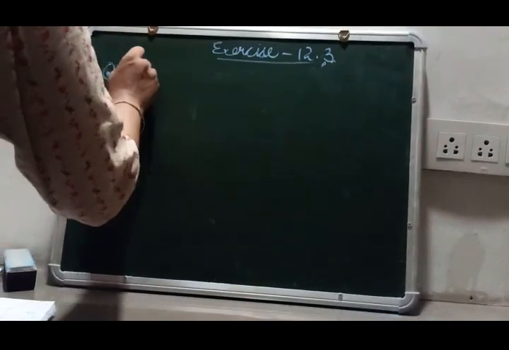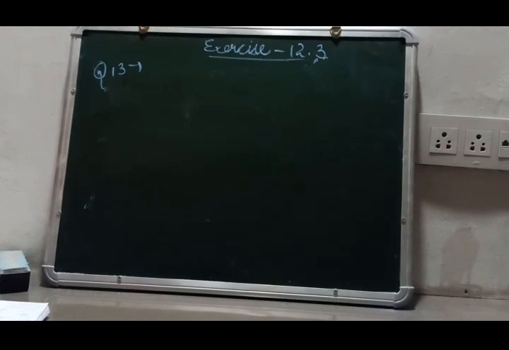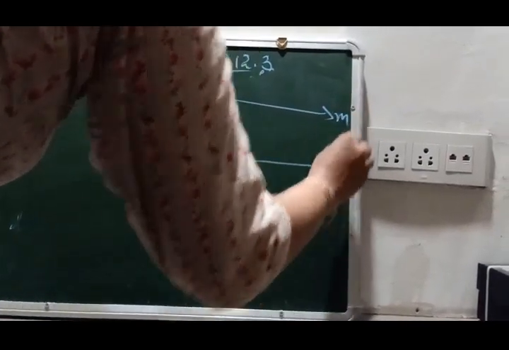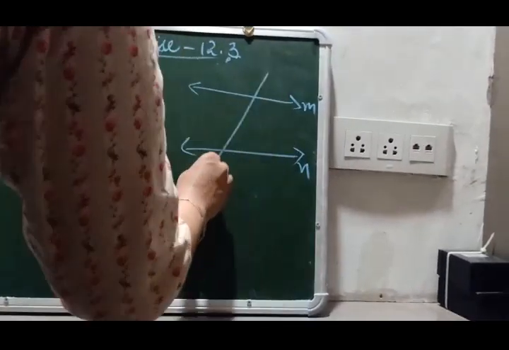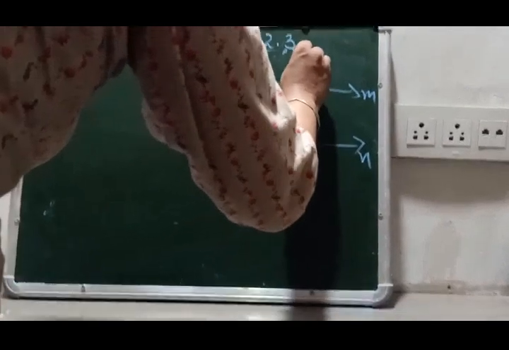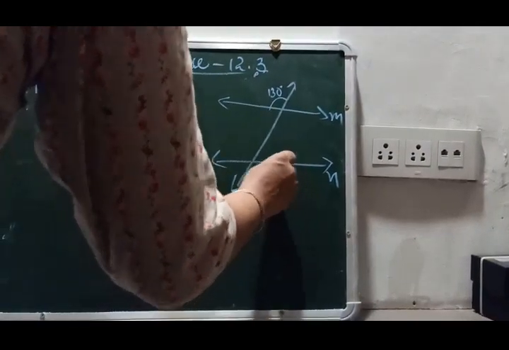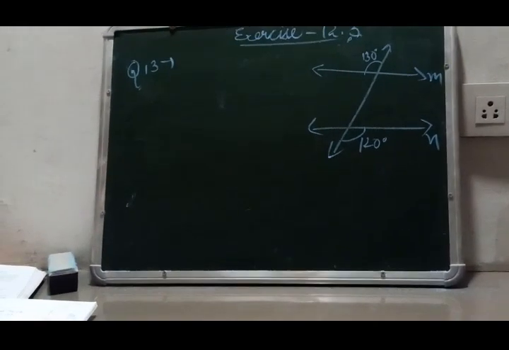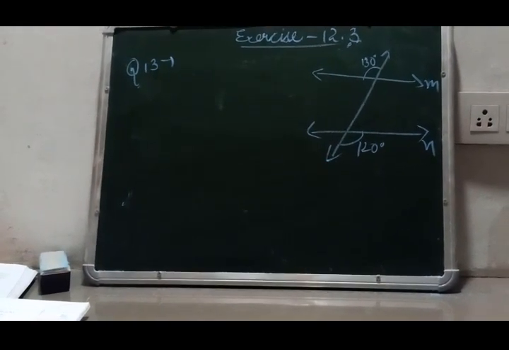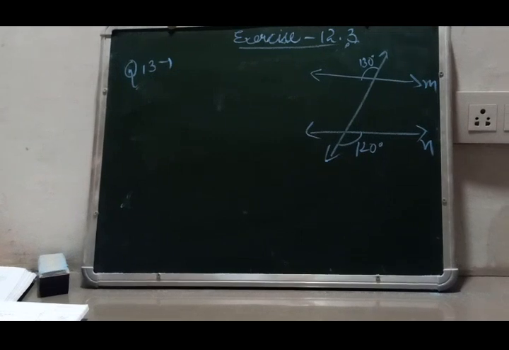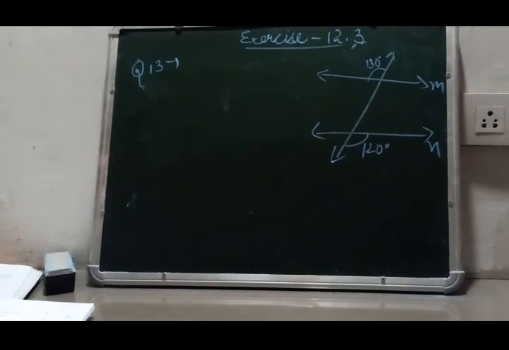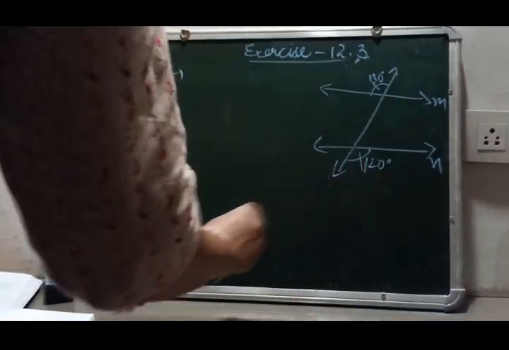So here we have to tell whether lines M and N in the following figure are parallel. Here we are given two lines M, N. One transversal is there. This is 130 and this is 120. Now look here. If M and N were parallel, that means these angles must be equal.